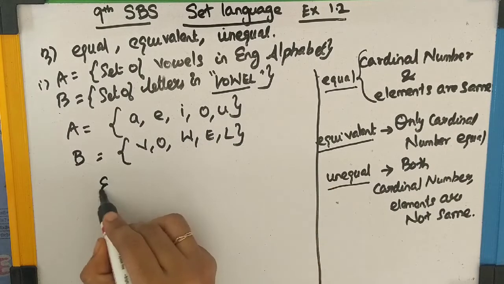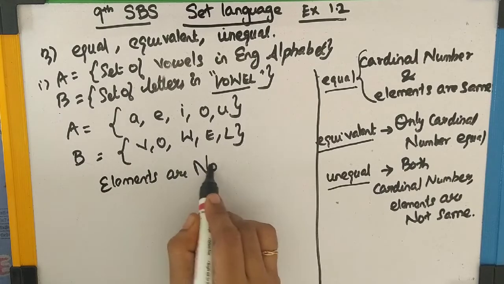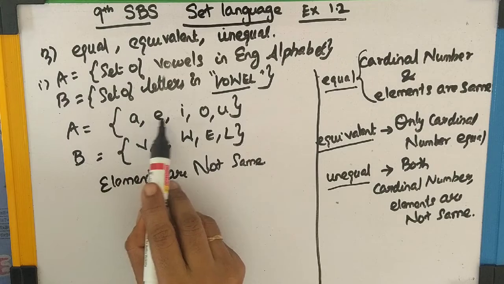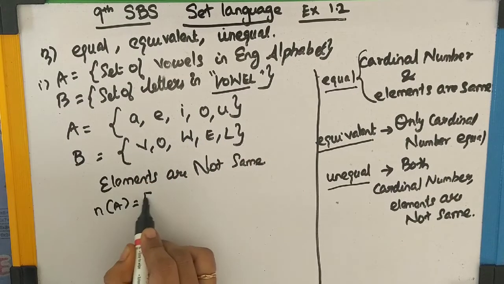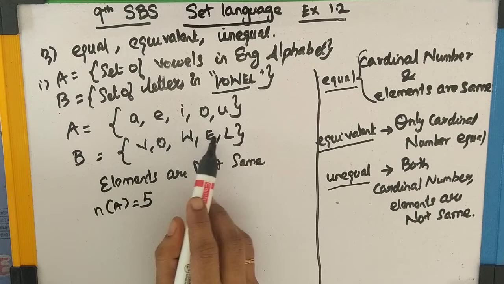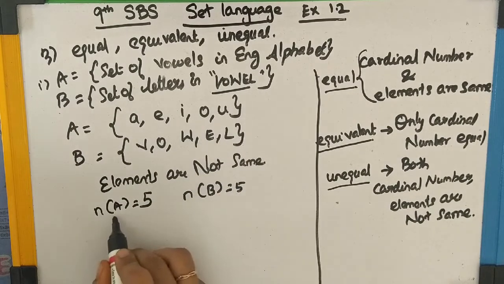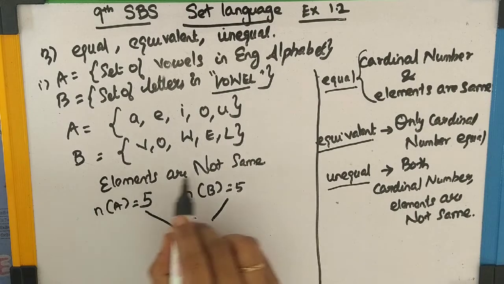Here, the elements are not the same. By seeing this, we can find that the elements are not the same. But we can find the cardinal number. The cardinal number of set A is 5 and the cardinal number of set B is 5. So, here, the cardinal number of both the sets are equal.